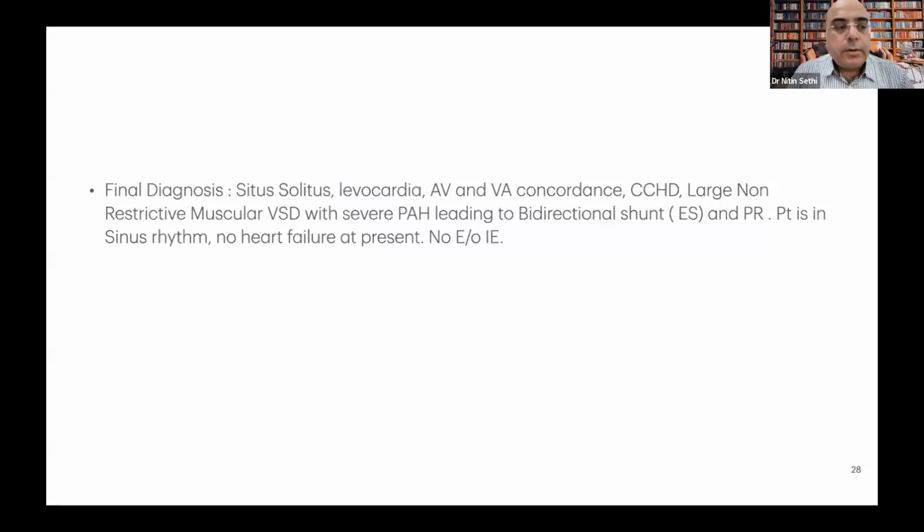Yes, sir. In infancy, because the shunt was predominantly left to right, there was a volume overload of the left sided chambers, which led to increased LVEDP and later to heart failure symptoms. However, with progressive increase of pulmonary hypertension, the left to right shunt actually vanished.